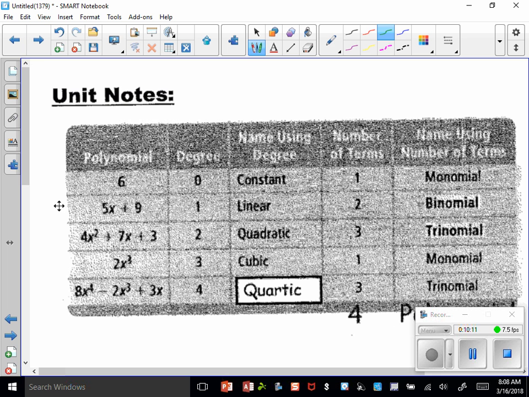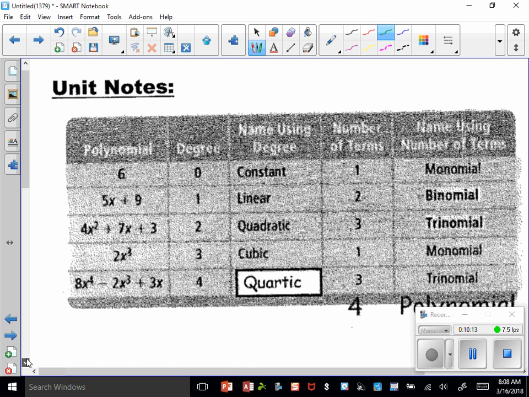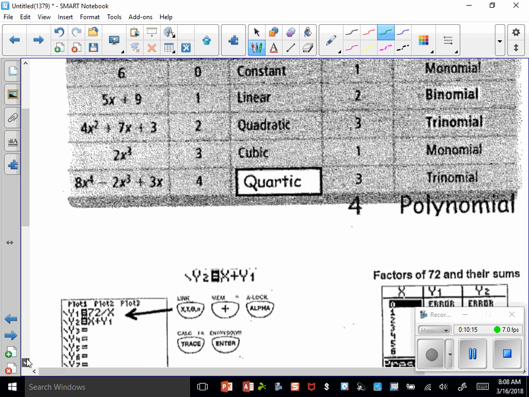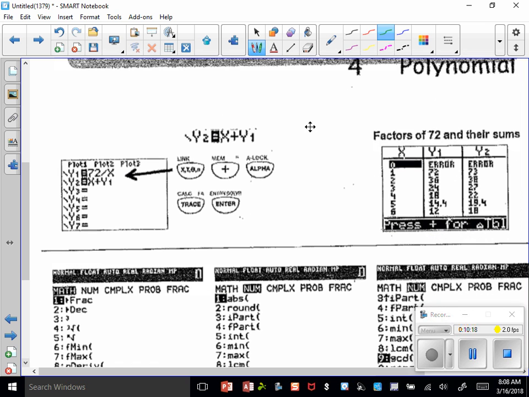Okay. So right here on page 4, there are some directions that will help you. And this particular direction used 72. They were looking for factors of 72, but I want you to take a look up here first before we actually put in negative 120 so you can see what will happen on your calculator.